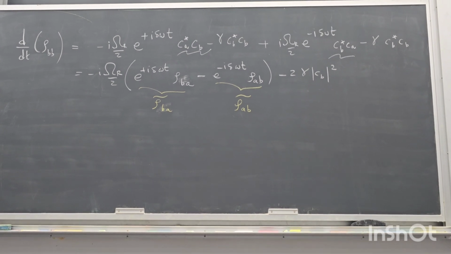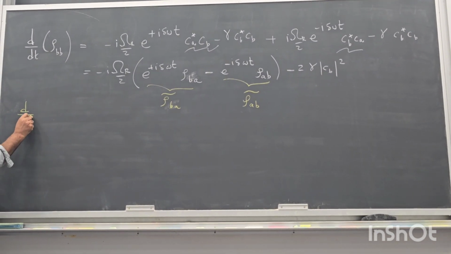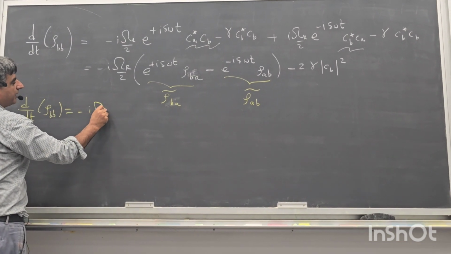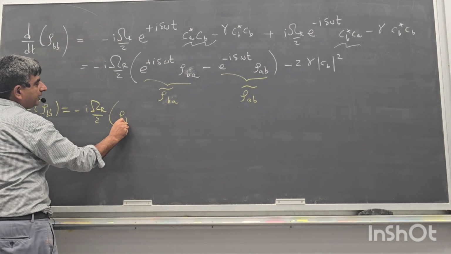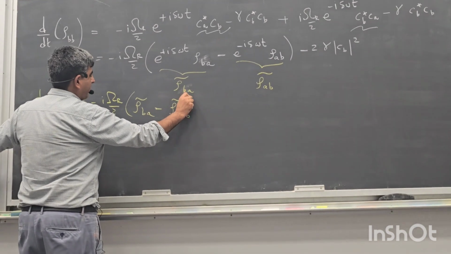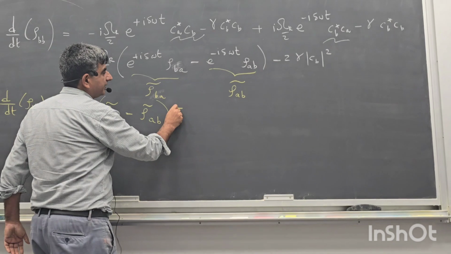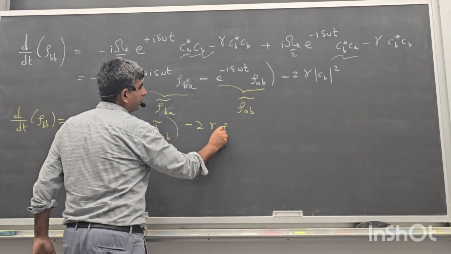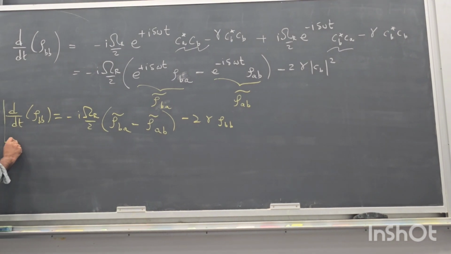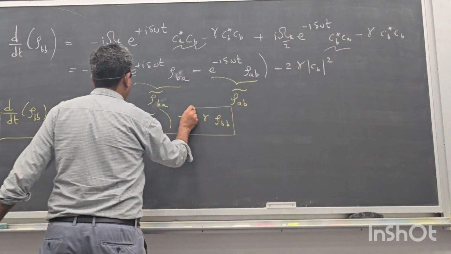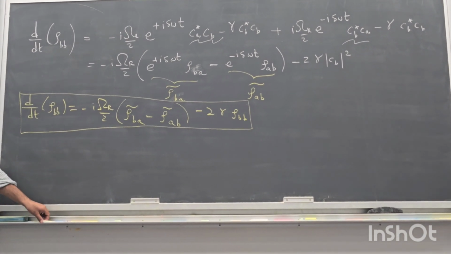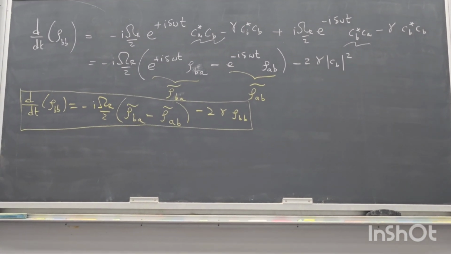Okay? This means that my derivative of rho BB equals minus I Rabi frequency over 2 rho BA tilde minus rho AB tilde, minus 2 gamma rho BB. Correct?